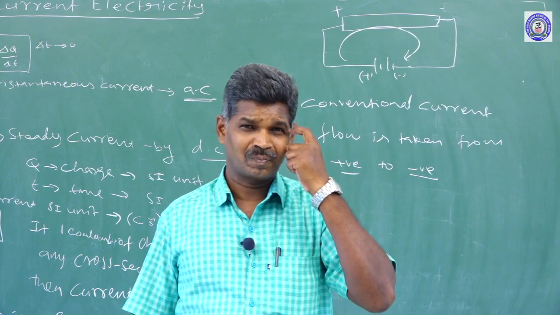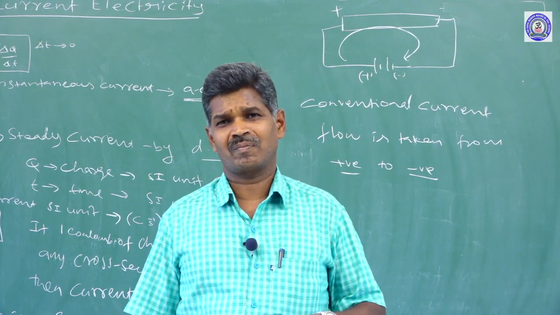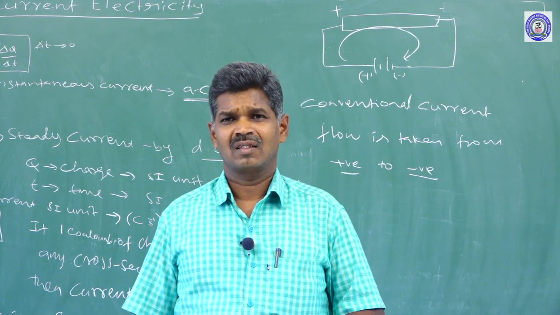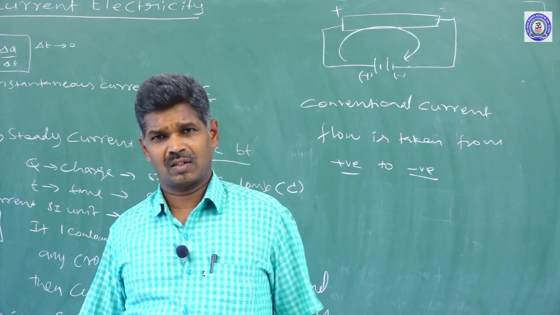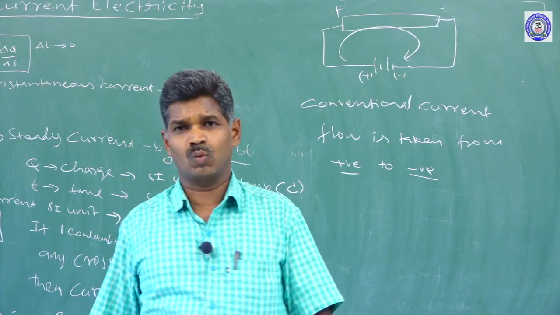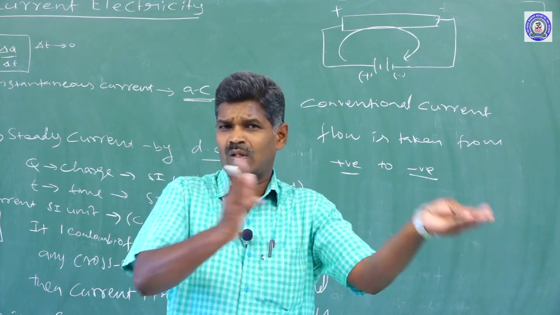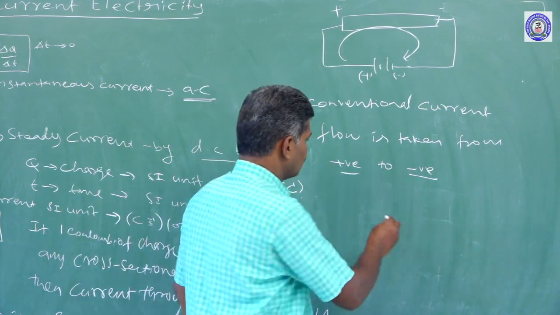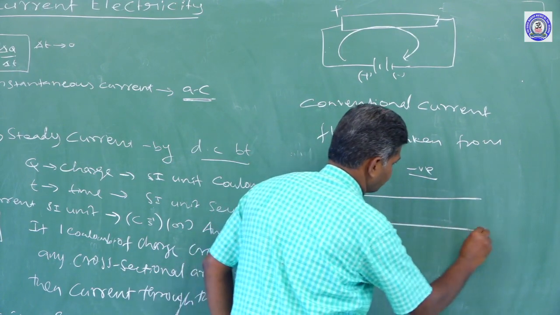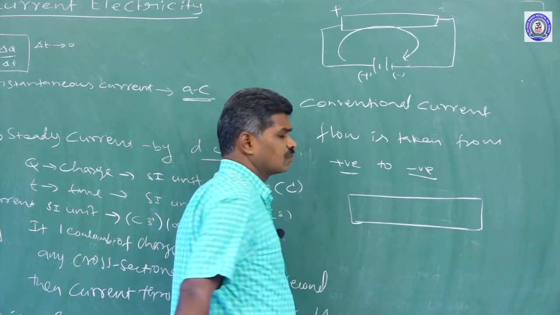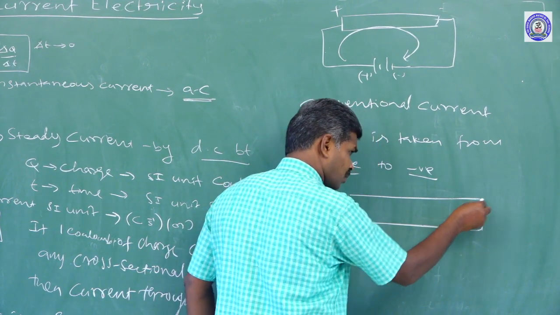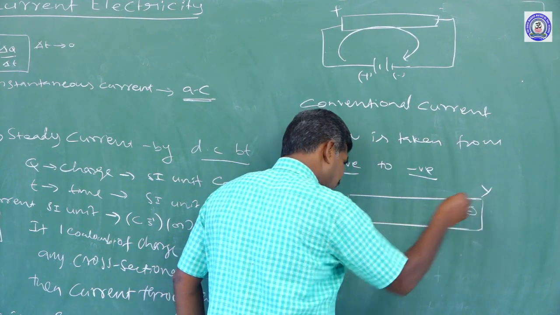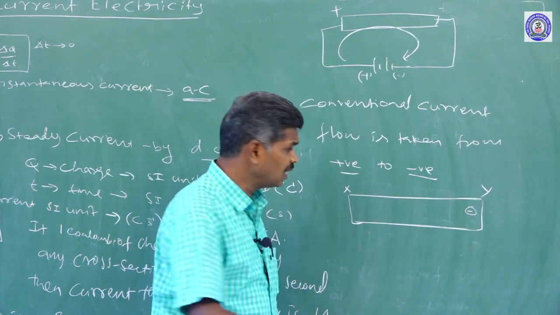But in general concept, conventionally the current flows from higher potential to lower potential. At the time of electron movement from one end to another in a conductor, free electrons are drifted by the electric field from the y end to the x end in a time t.